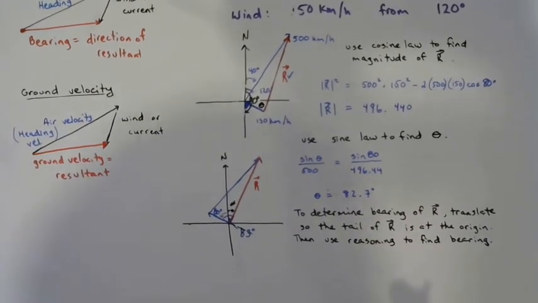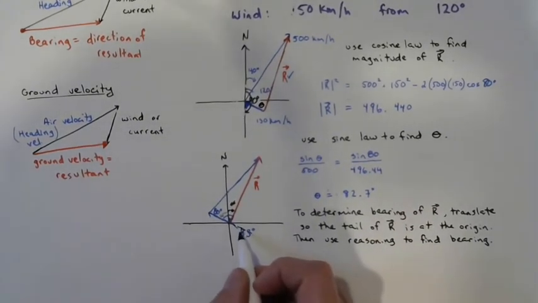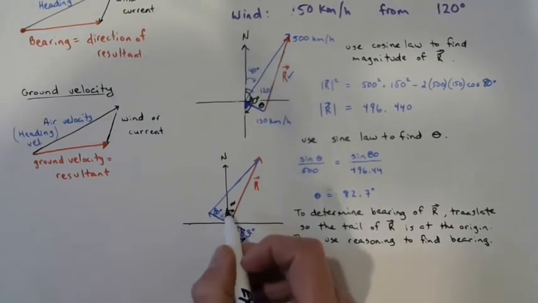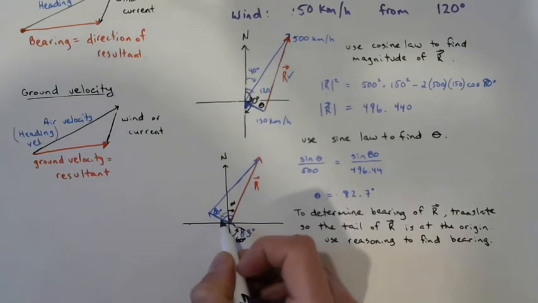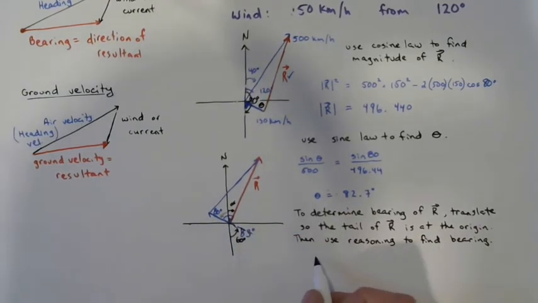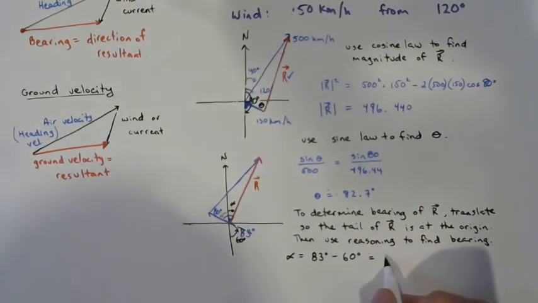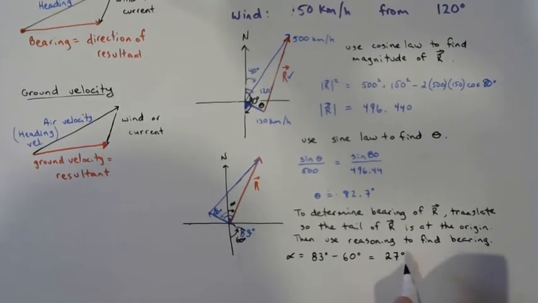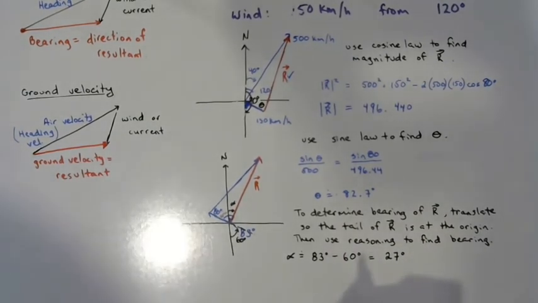And we've already talked about it because this angle here, working backwards, was 60 degrees. That means this angle here, this brown mark, is 60 degrees. So what we're looking at then is 83 minus 60 degrees. This is alpha, is equal to 83 minus 60, which is 27, and it's all approximate. And that gives us our bearing.